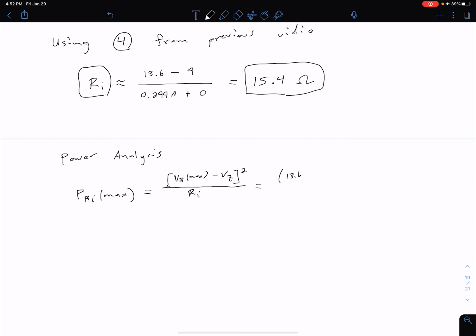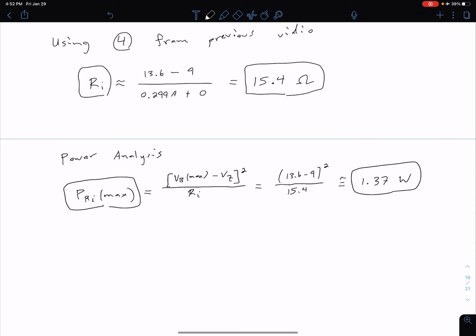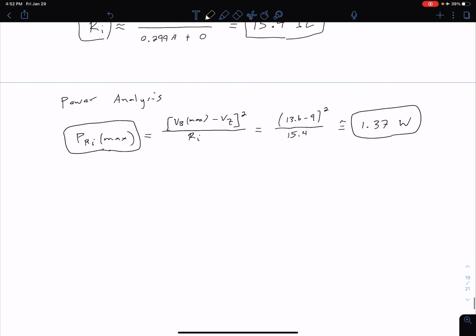We have 13.6 minus 9, quantity squared, divided by 15.4, and we get approximately 1.37 watts. That's a relatively large power compared to the types of resistor we use in the lab. Most of the resistors up in our lab are quarter watt, so 0.25 watt. So we would need to be careful to choose an appropriate resistor that could handle this much power.